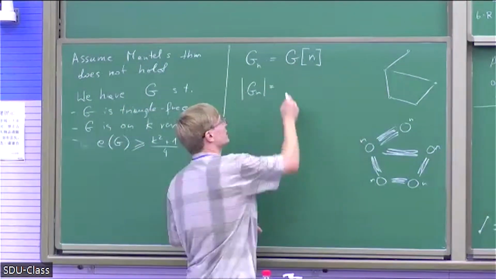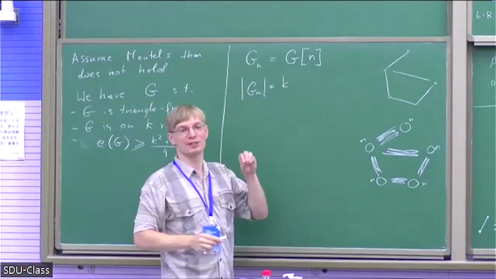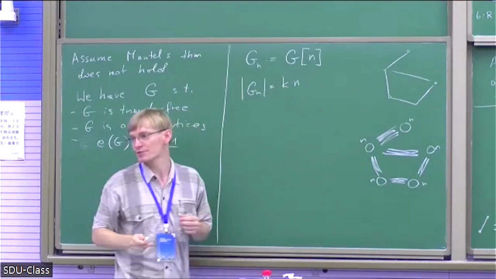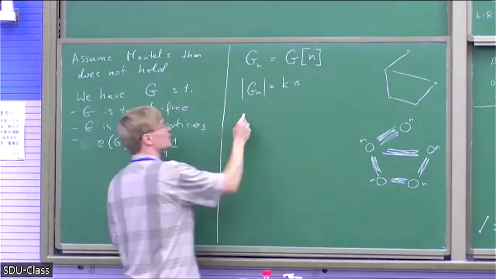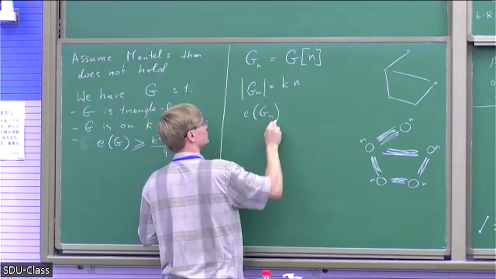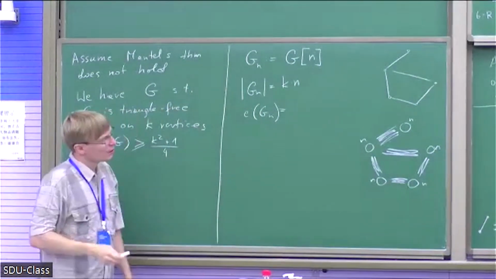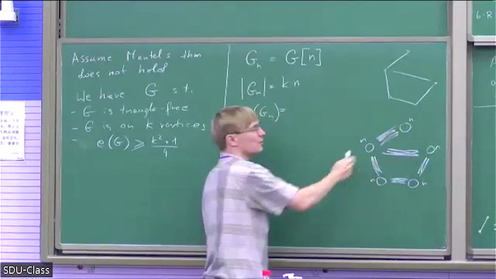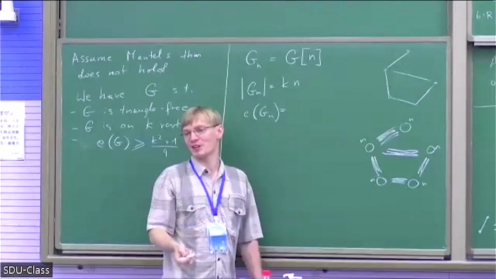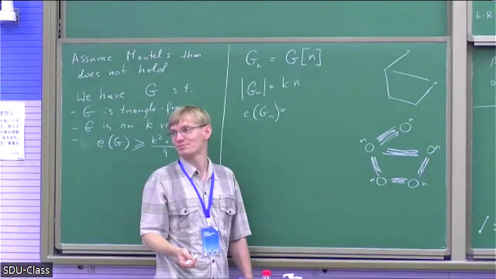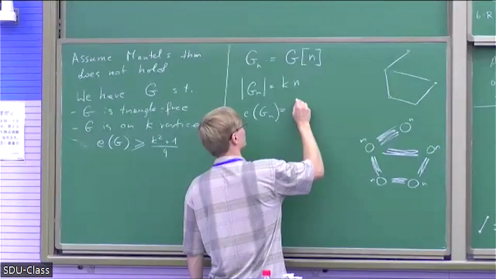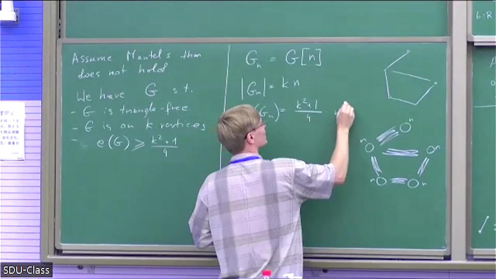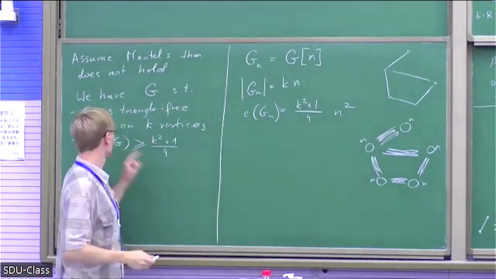Every vertex becomes n vertices, and I had k vertices at the beginning, so I have k times n vertices. And what's my number of edges? Whenever I had an edge in graph G, now I have n times n edges. So I have at least (k squared plus 1)/4 times n squared edges.